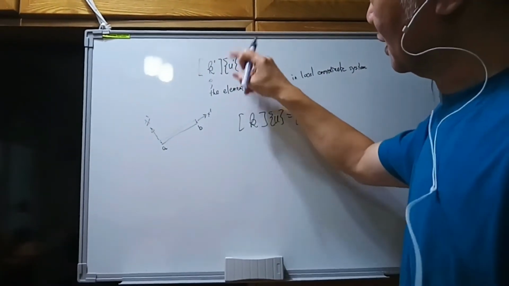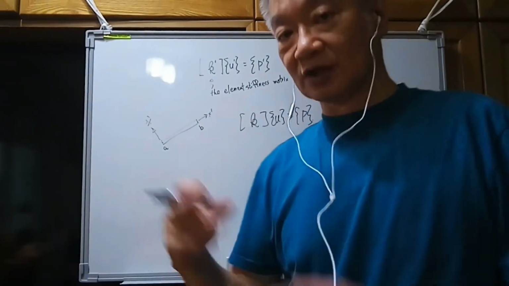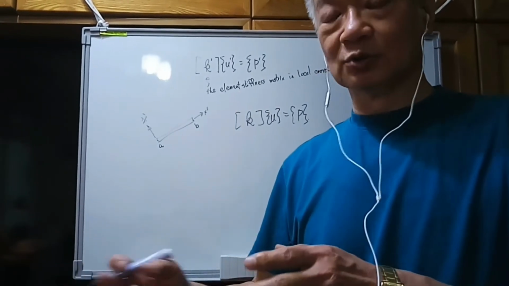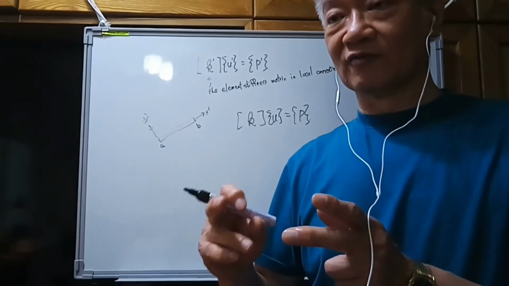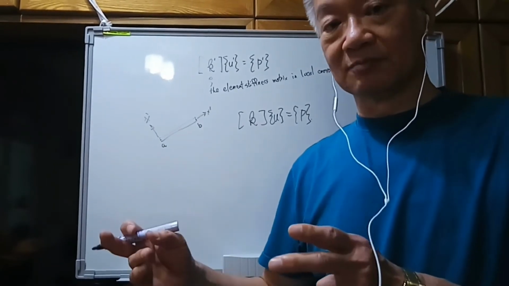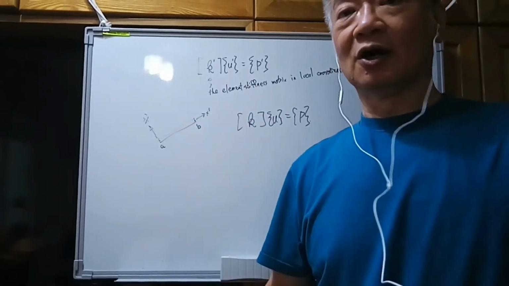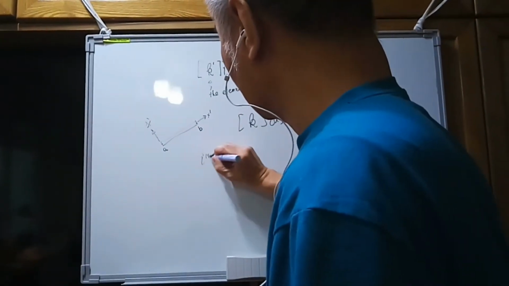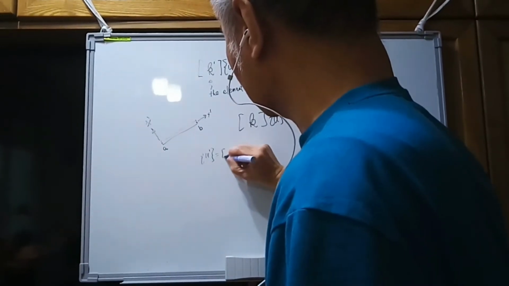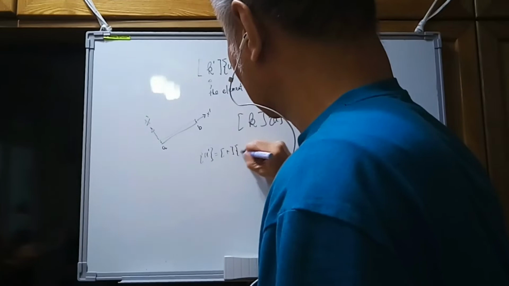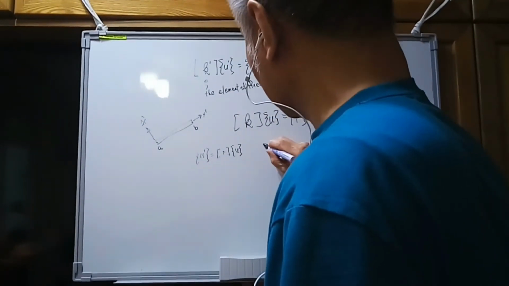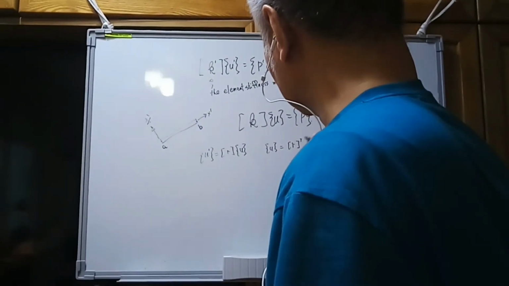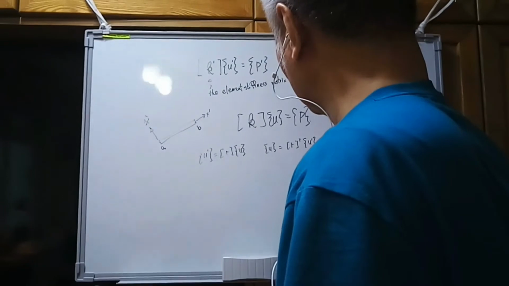First, if we know the transformation matrix between the u prime and the u, and also the transformation matrix between the p prime and the p, then how can we get the transformation? Okay, first we know the u prime is equal to the R times U. Also, we know the U is equal to the R transpose times U prime.